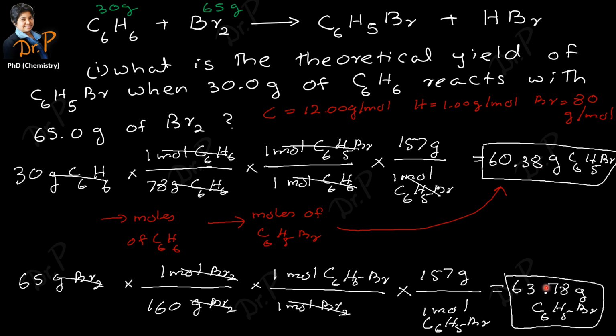Now between these two answers, which is the smaller quantity? That is this. And the smaller quantity of product was given by 30 grams of benzene.